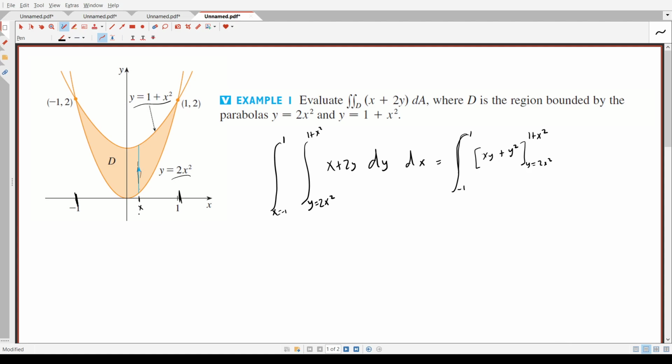Let's make that a bit darker. Is that better? Can you all see that? The highlighter on the cursor.